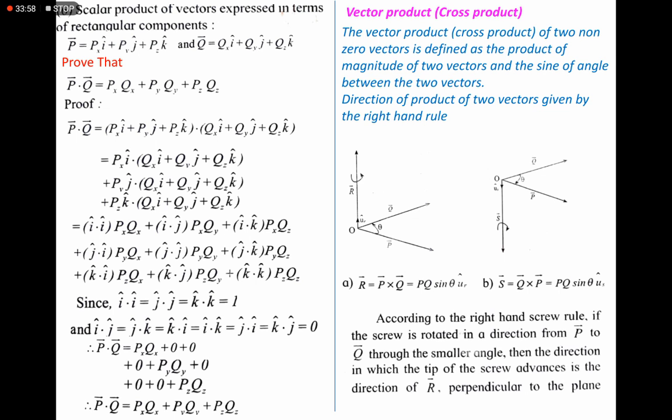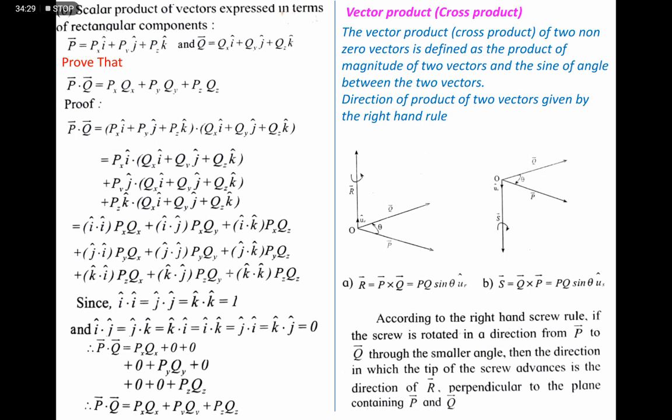So, as I said, the explanation of the right hand rule is this: if a screw is rotated in the direction of p bar to q bar through a smaller angle, then the direction in which the tip advances is the direction of r bar, and it is perpendicular to the plane of the vectors p bar and q bar.